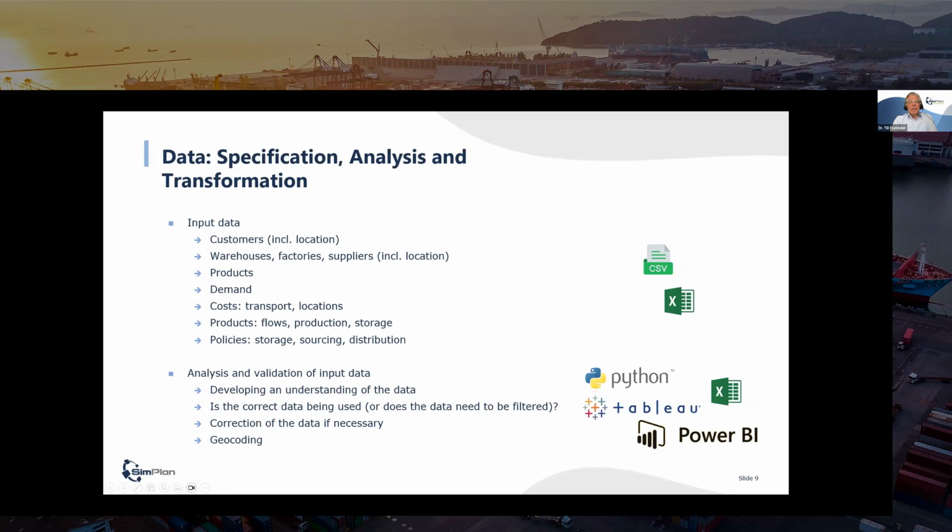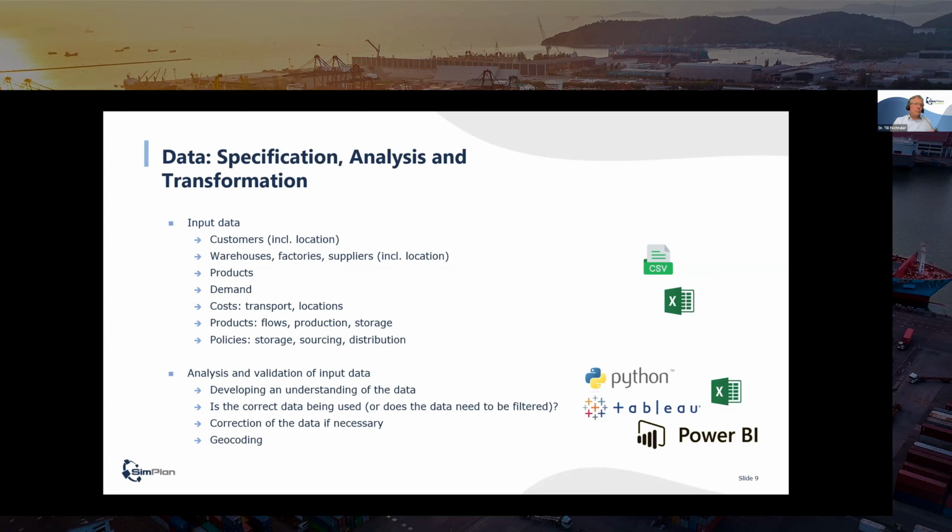And then we take the data and do an analysis and validation of the input data. So we try to get an understanding of the data. Are we using the correct data, or need the data to be filtered? And we also do corrections if necessary. For example, in case of missing values in a column. And we usually do the geocoding in that phase, because we better have this under control, and we can also do some validation of the geocodes that are determined.